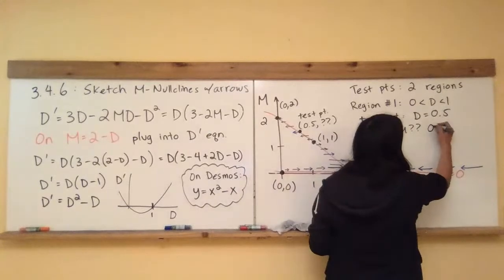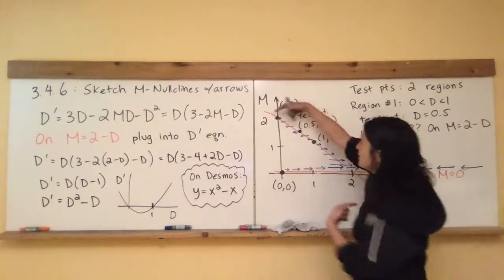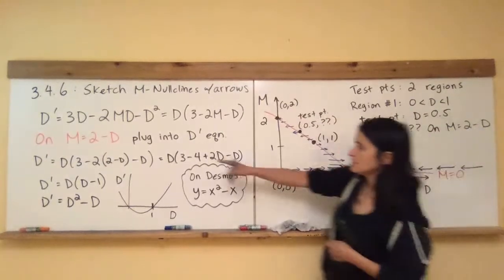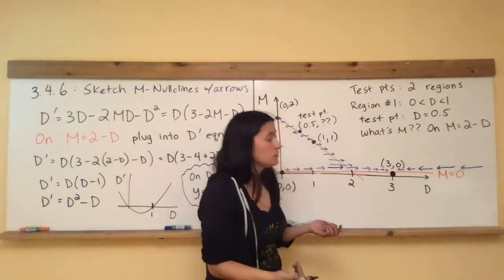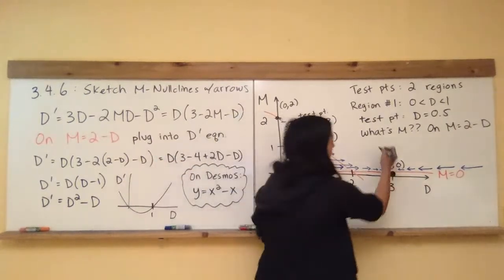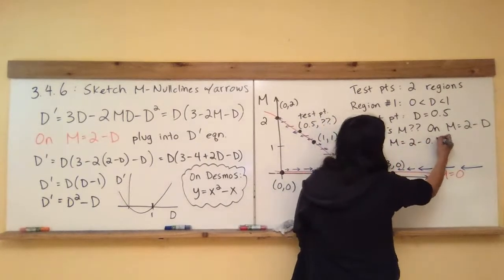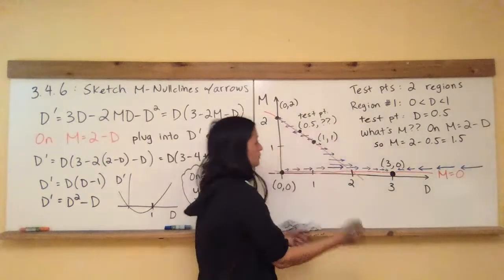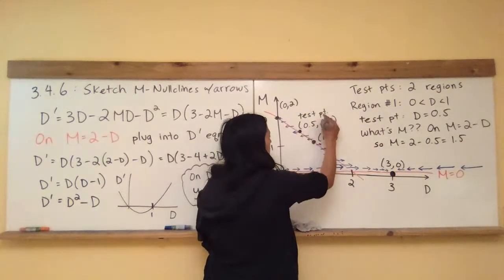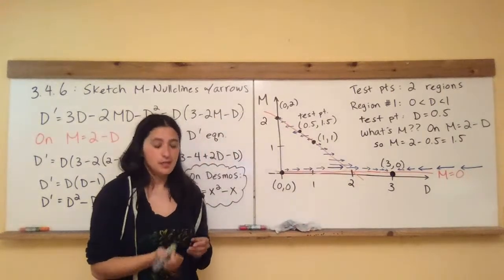Well, we're on the line M is equal to 2 minus D. That's the nullcline that we're working on, right? It says it right here. So if I pick the point 0.5 for D, then my M is going to be 2 minus that. Okay? So M is equal to 2 minus the point that I picked, 0.5. So M is equal to 1.5. So that's my test point, 0.5, comma 1.5.